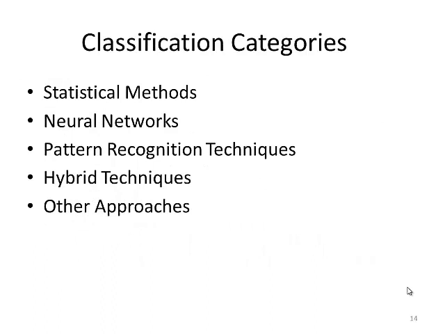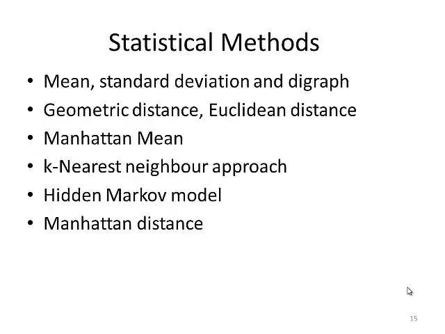Now we can classify, or authenticate, the user using different methods: statistical methods, neural networks, pattern recognition, hybrid techniques, and other such approaches. We'll be mainly talking about statistical methods. When we talk about statistics, the first thing that comes to everyone's mind is the mean. So there is a mean model and a standard deviation model.